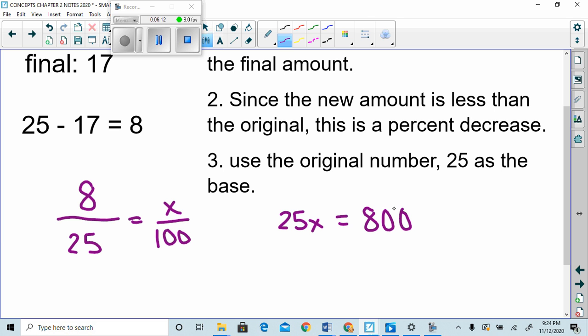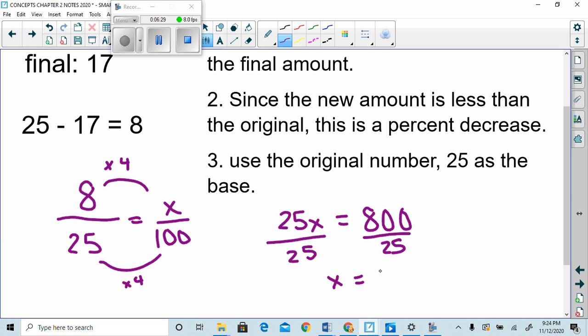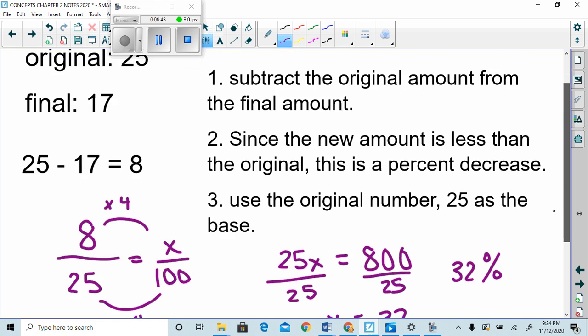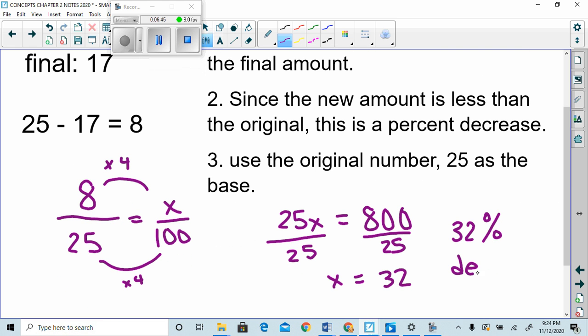The other method would be to look at equivalent fractions, and you get from 25 to 100 is times 4. And I can simply do the same here, times 4. I'm going to find when I divide, I'll get the same thing. I'll get x is equal to 32. Now, I can't just write 32. I have to say 32%. And we saw that the numbers went down, so it's a 32% decrease.